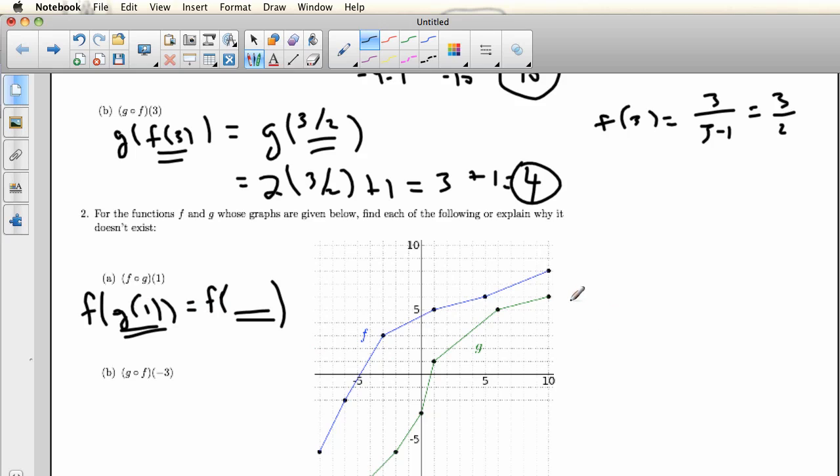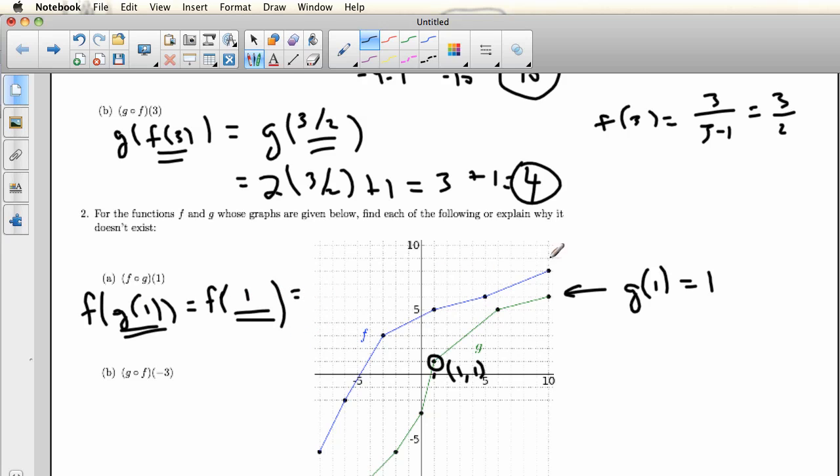G of 1 means look on the graph of g, there's g, look for the input being 1, the input is the x-coordinate, and find the point. So here's the point on the graph of g that has the x-coordinate of 1. G of 1 is the y-coordinate of that point. So the y-coordinate of that point is also 1. Since this is the point 1, 1, that means that g of 1 is equal to 1. So f of g of 1 is the same thing as just f of 1, because these are equal.